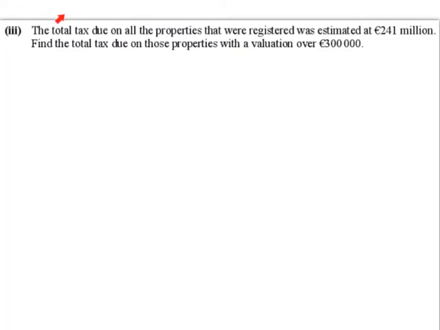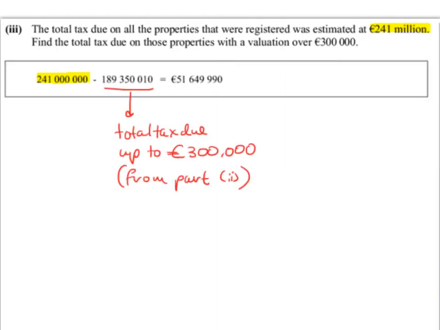Part 3. The total tax due on all the properties that were registered was estimated at €241 million. Find the total tax due on those properties with a valuation over €300,000. Well, €241 million is 241,000,000, so 241 with 6 zeros. We're going to subtract €189,350,010.